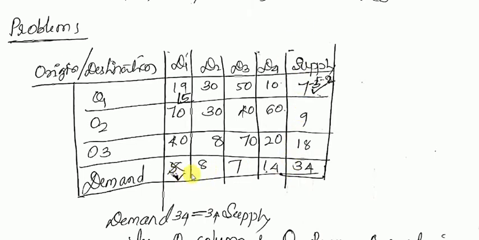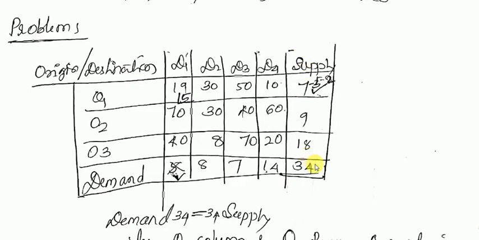So, 5 plus 8 plus 7 plus 14: 18, 22, 29 and 34. So demand is equal to 34. We have to check whether supply is equal to 34 or not. 7, 9, 18, 21, 27 plus 7, 34. So demand is equal to supply.